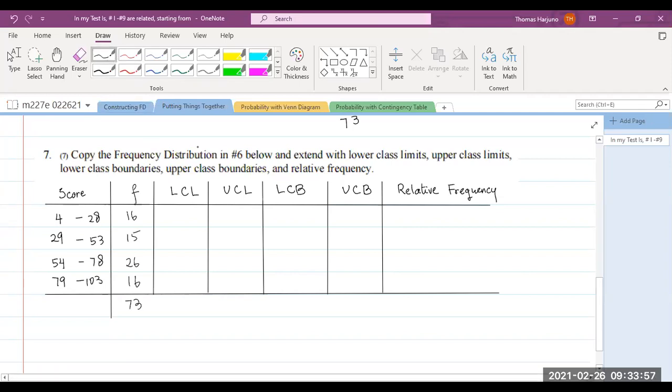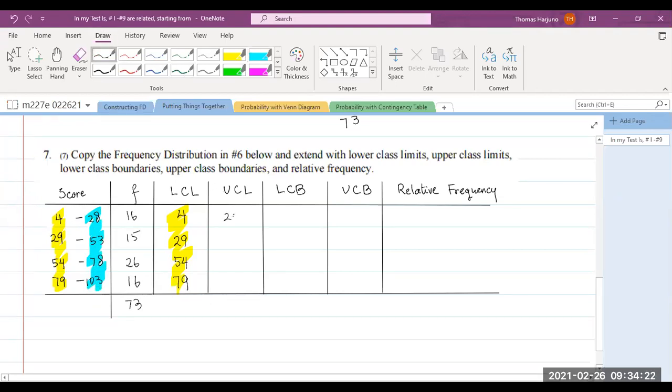Lower class limit is always the lowest number registered by the interval. So that will be 4, 29, 54, 79. The upper class limit is the largest number registered by that interval.